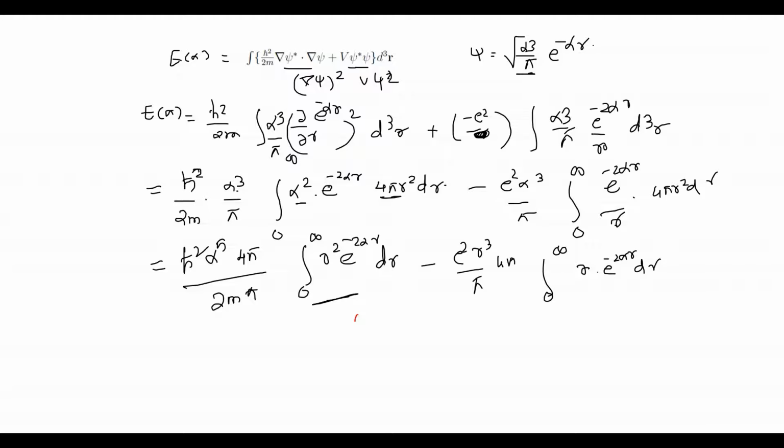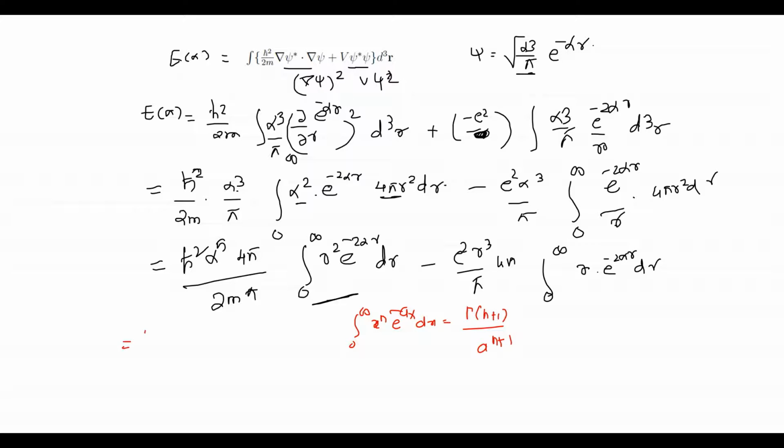I will write it down again: integral from 0 to infinity of x raised to n e raised to minus ax is nothing but gamma n plus 1 divided by a raised to n plus 1. If you compare this integral, n is equal to 2 and a is equal to 2 alpha.